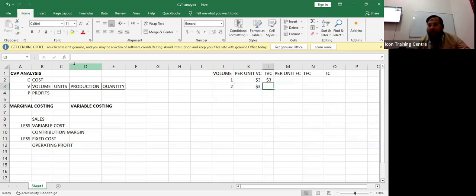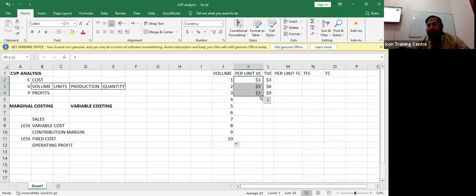That remains the same, but our total will be 6. If we produce 3, our per unit cost will remain the same, but our total will be 9. Right? So can I ask Excel to please proceed with 10 units?